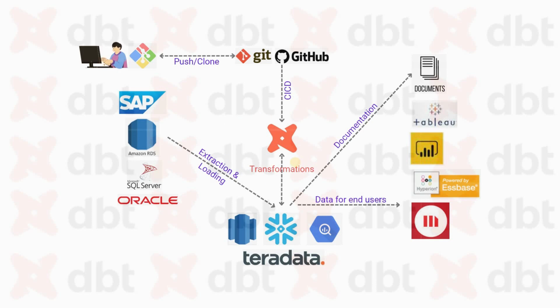I hope now you understood what DBT is and how it works, what features DBT has, and the high-level architecture of a data engineering project when DBT is in action. Now let's have a look at the syllabus which we are covering as part of this training program.